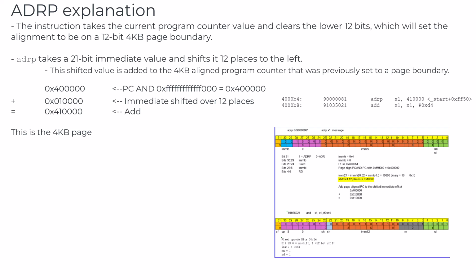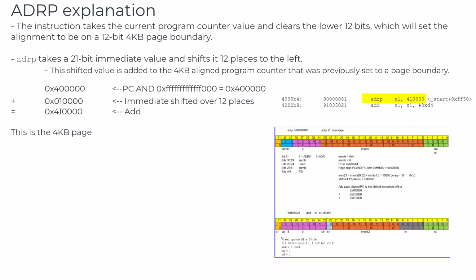The shifted value is then added to the 4 KB aligned program counter value that we previously set in x1, giving a result of hex 410000. And this is what the disassembly instruction ADRP x1, hex 410000 showed. This is the actual 4 KB page that has been selected.